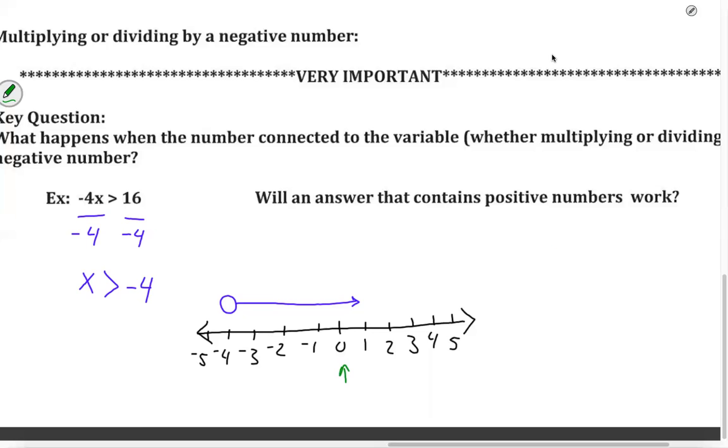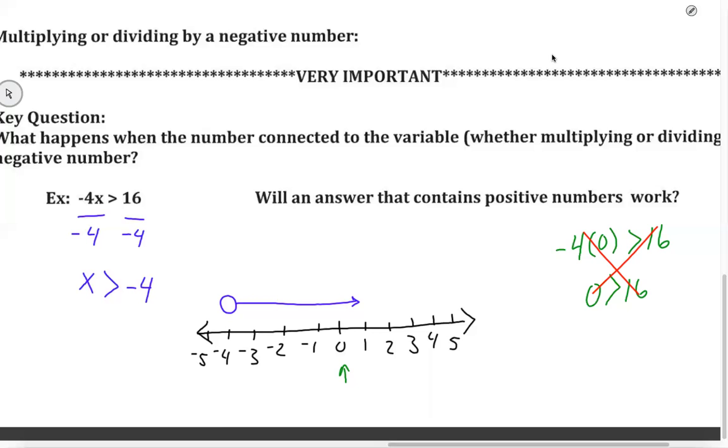If I take that number and I plug it into my inequality, it should be true. What's 0 times anything, Eva? 0. Eva, is 0 greater than 16? No. So what happened here was when I did my problem and I got my answer and I picked 0, it didn't work.